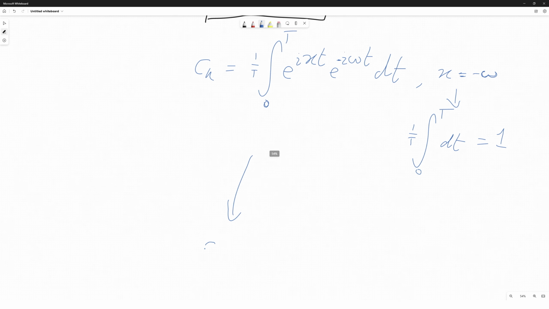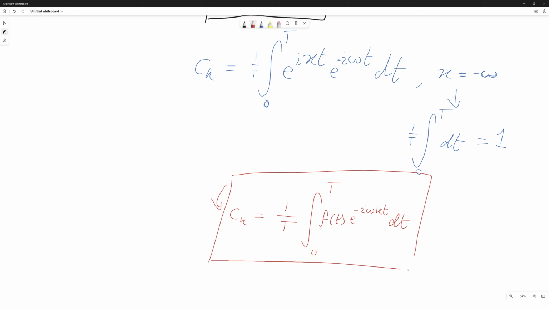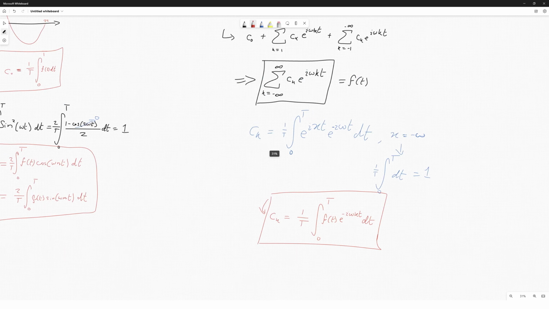And we would end up with c sub k is equal to 1 over T times the integral over a period of f of t e to the minus i omega k t dt. All right. And now we have the complex coefficient for the complex Fourier series.